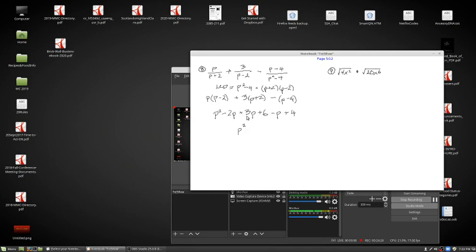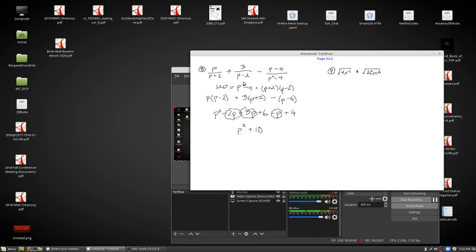Negative 2p and plus a negative p is a negative 3p, negative 3p plus positive 3p. All these just cancel each other out. And so we're left with 6 plus 4. So the answer is going to be p squared plus 10. And that's as simple as it can get.